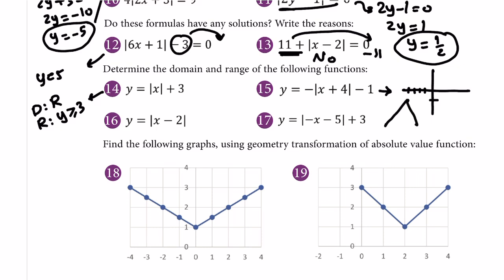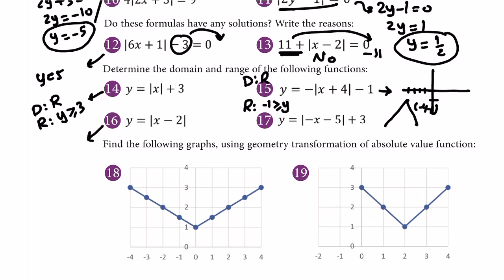In this case, we have negative 4 and negative 1. I think the domain is R. But the range will be between, I think, negative 4 and negative 1. It will be negative 1 bigger than or equal to y. I think so. I'm not sure about it, however.